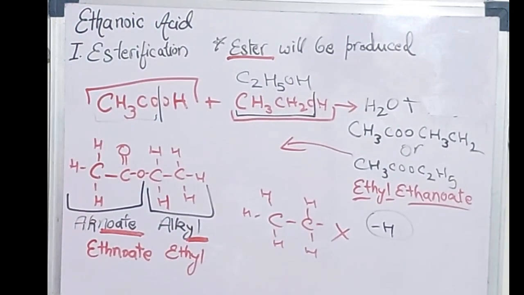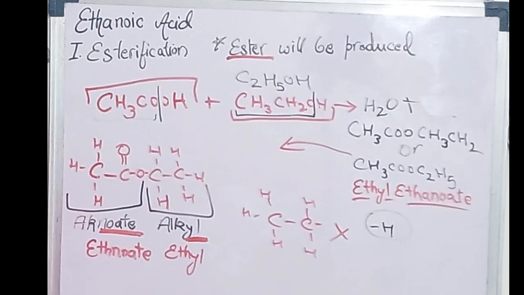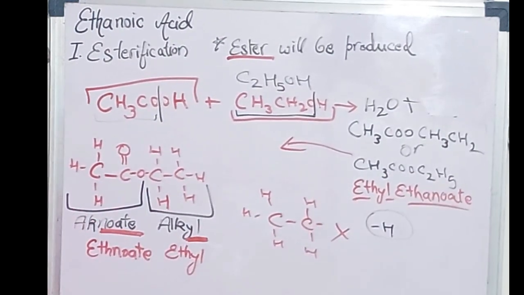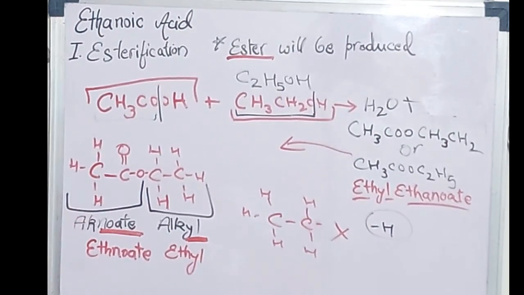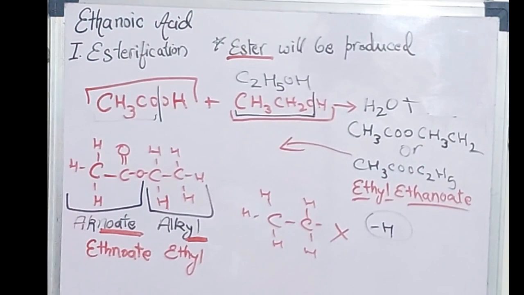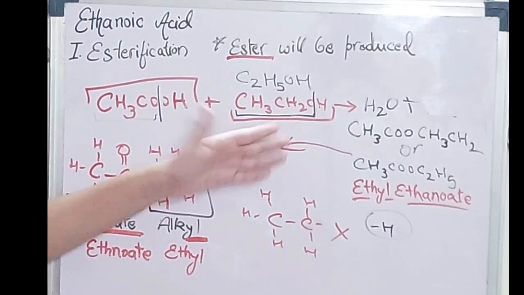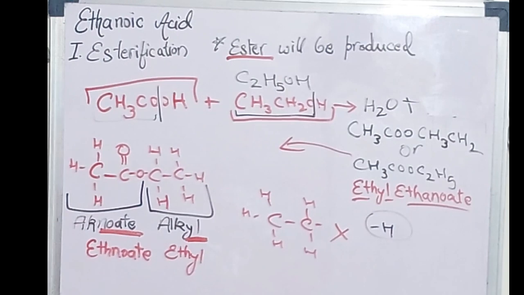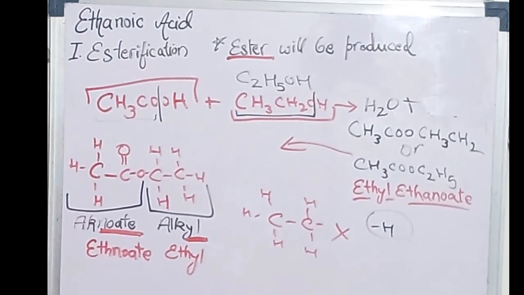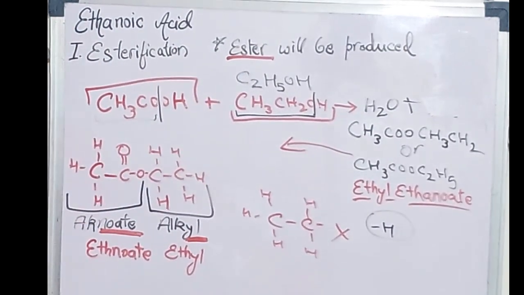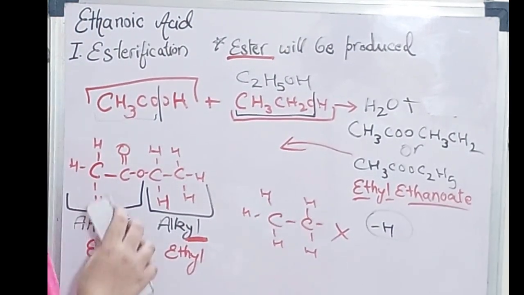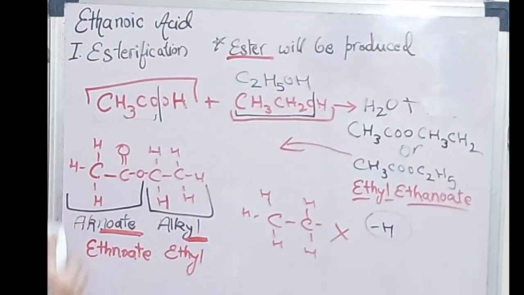But ester is nothing like ethyl ethanoate alone, it's a type of ester. Just like ethane, which I drew here, is an alkane, but it's not the only alkane, there are more alkanes, a group of alkanes. In the same way they are a group of esters as well. I am giving you one example so you will be able to understand, but first just understand this and remember one thing. From ethanoic acid you remove OH and from alcohol you remove H to have water. Now note it down, please. I guess you must have understood.